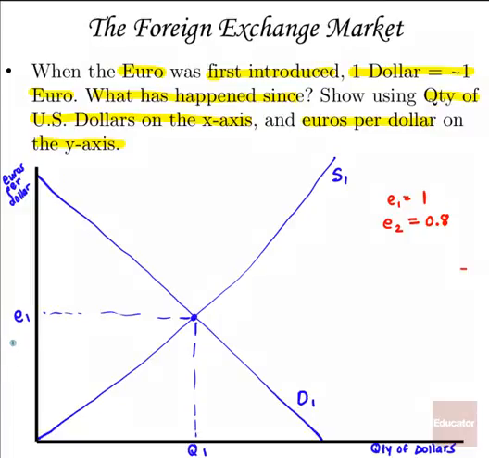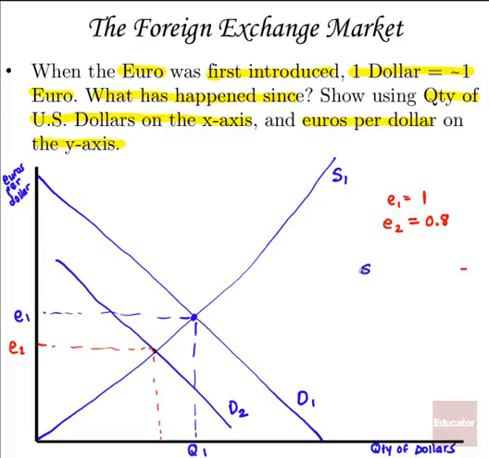So E2 is going to be somewhere down here. Something happened here, and again, the explanation as to why the dollar has depreciated is that the demand for the dollar has decreased. For whatever reason, people have demanded the dollar less, and that has caused the dollar to depreciate.